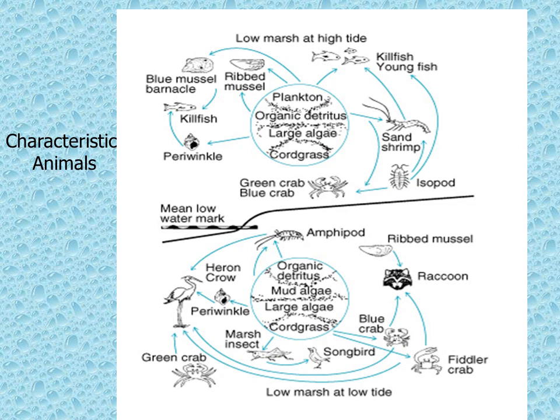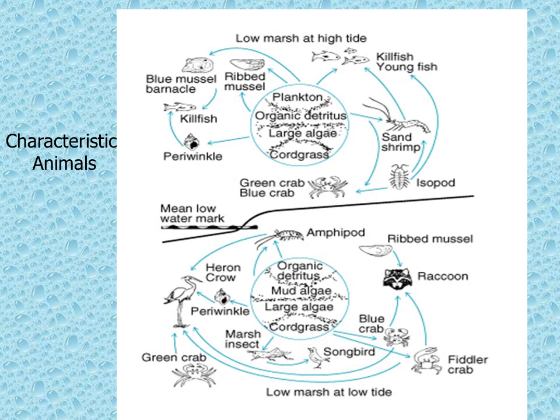Now, these characteristic animals that live in the salt marsh, well, it all depends on whether or not it's a high tide or a low tide. So what you see is the lower area of the marsh at high tide at the top part of this graph. And you can see all the different species that are present, some of the ones that we mentioned.